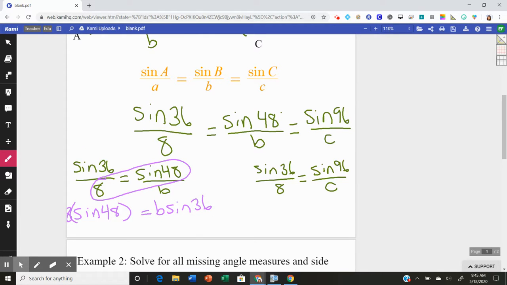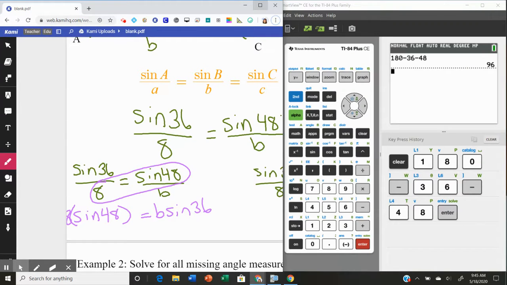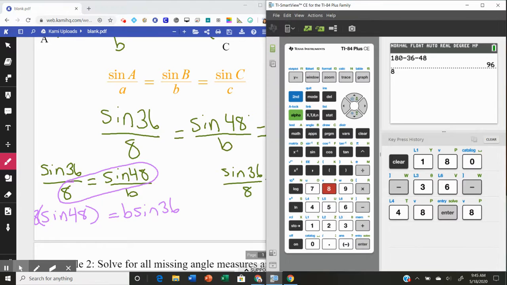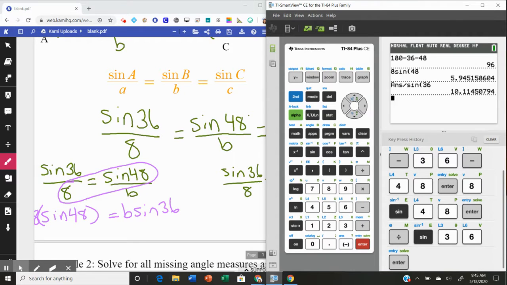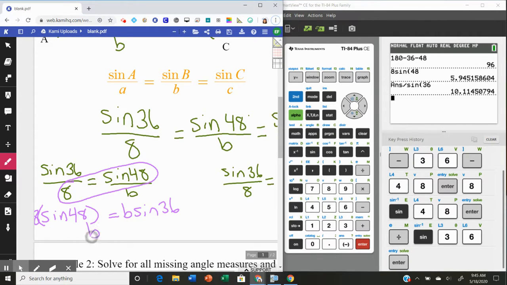So in my calculator, if I take 8 times the sine of 48, enter, and divide that answer by the sine of 36, I get that b here has a length of 10.11. So b is about 10.11.